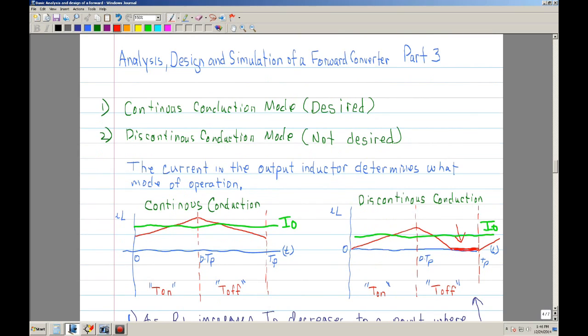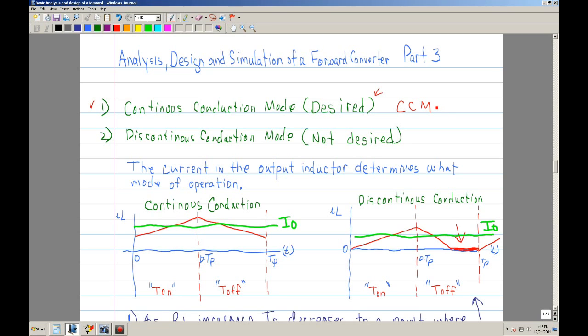Okay, so now there's some more definitions that I need to define, and the first one is this one. Continuous conduction mode. What does that mean? Typically this is the operation mode that we desire. We want to operate in a continuous conduction mode, and sometimes you'll see the books call it CCM, continuous conduction mode.